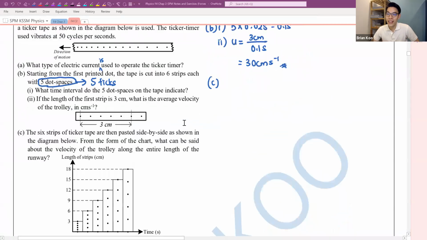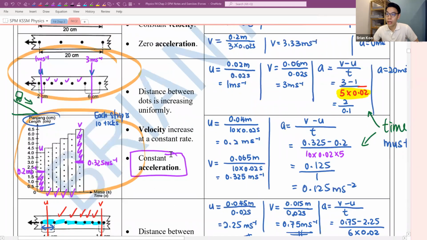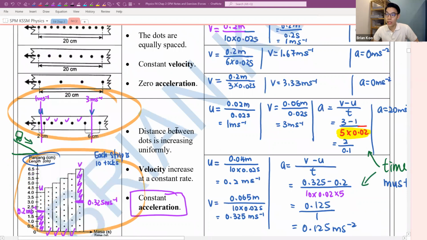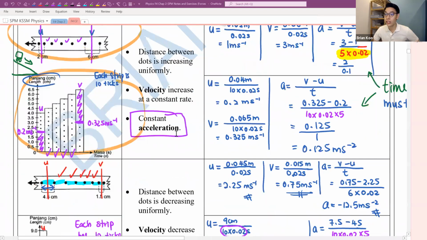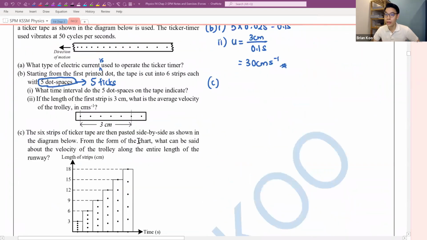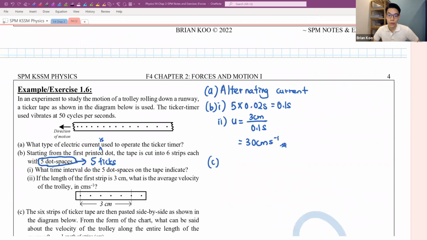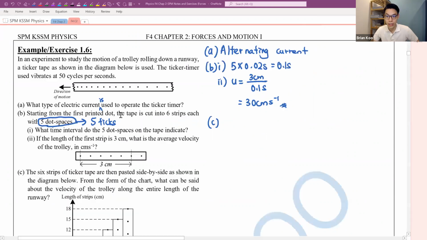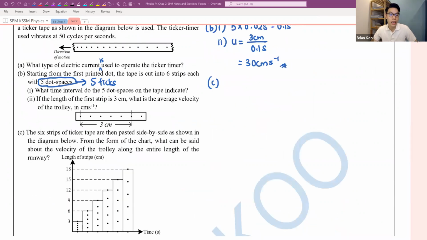So I was just asking everybody what are the characteristics. You can say velocity increases at a constant rate, or it has uniform velocity. Eh? It doesn't have uniform velocity. Yes, velocity increases uniformly is correct, but uniform velocity is incorrect. Teresa told me that it's uniform velocity.